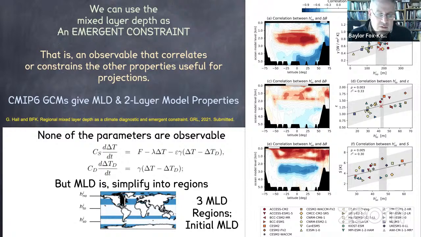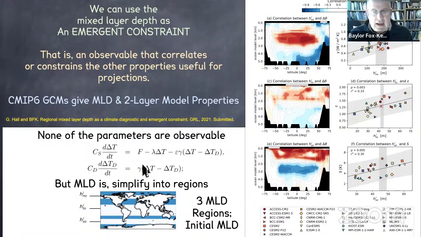What I mean by this is we take the mixed layer in the CMIP model in 3 different regions. And it turns out this doesn't work at all if you take the global mixed layer depth. You have to take it in a North Ocean region, a tropical ocean region, and a Southern Ocean region at the minimum. You probably could do a better job by adding more, but these 3 were ones that we found were pretty helpful.